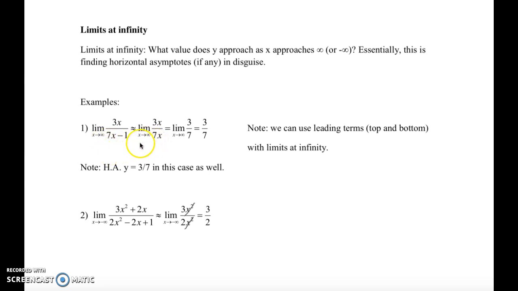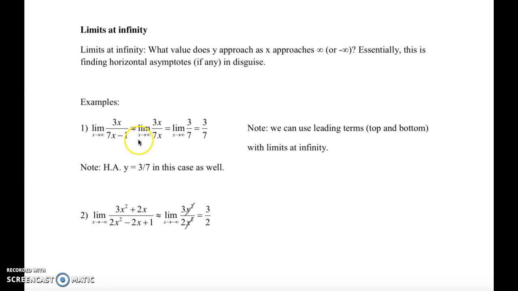So if we look at this function, 3x over 7x minus 1, what we can see is that we're really looking at the ratio of the x values. The -1 is going to make little to no difference one way or the other.